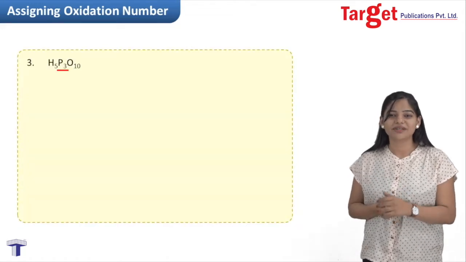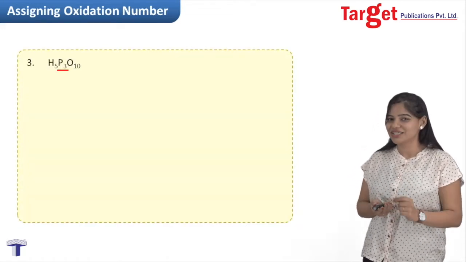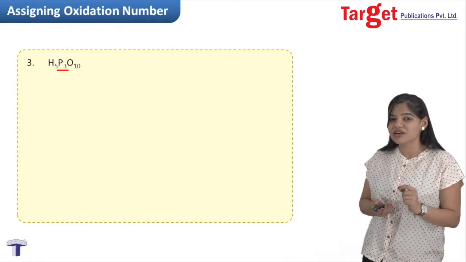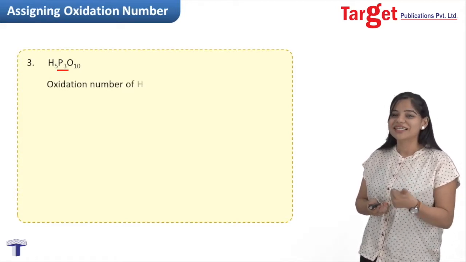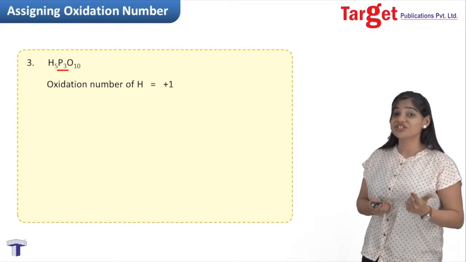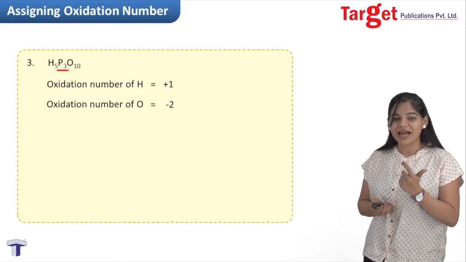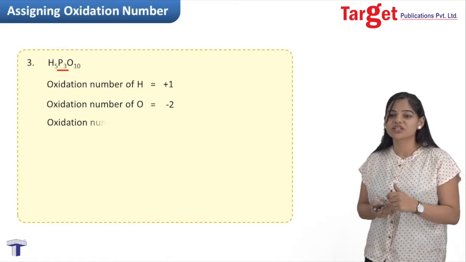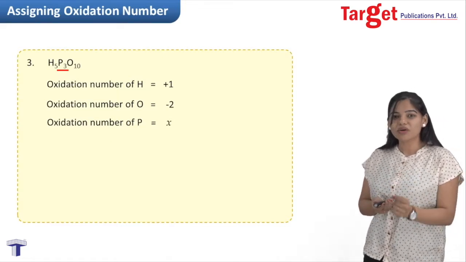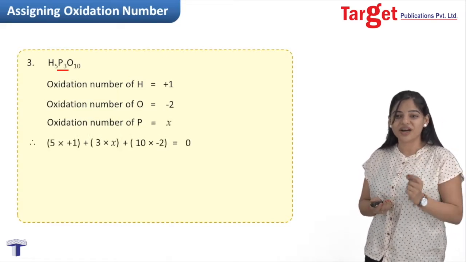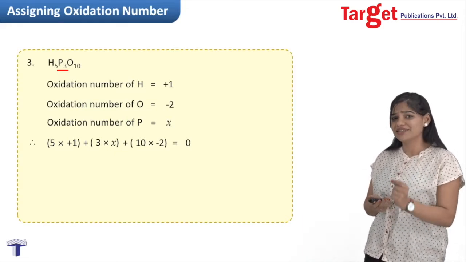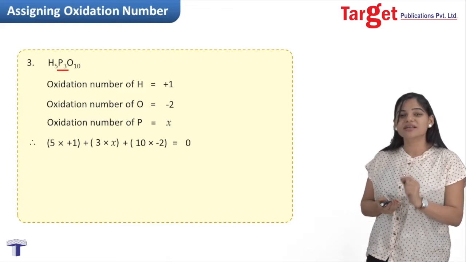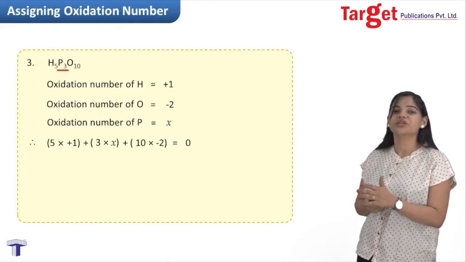Moving to the third example, that is H5P3O10. And the underlying element here is phosphorus. So students, what is the oxidation number of hydrogen? Yes, it is +1. For oxygen, it is -2. And let the oxidation number of phosphorus be X. So if we calculate, we will take 5 of hydrogen, that is 5 into +1, plus 3 of phosphorus, that is 3X, and plus 10 oxygen, so -2 into 10.